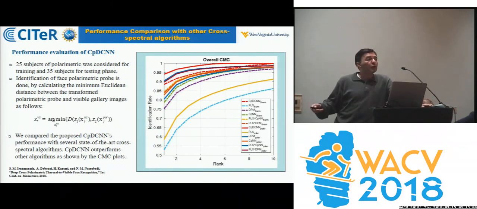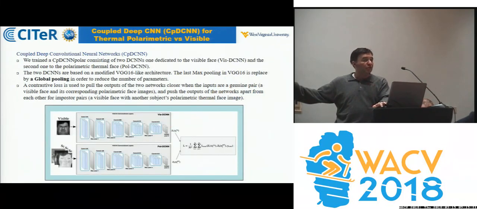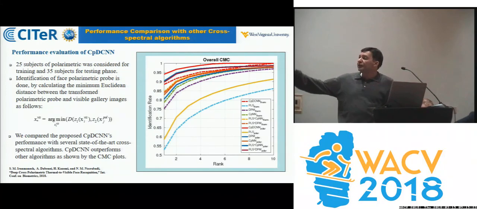So let's look at the results. The solid lines are thermal with polarimetric, and the dotted lines are purely thermal using different algorithms. When we use our approach, the coupled CNN using thermal and polarimetric, you get quite a good result somewhere here.